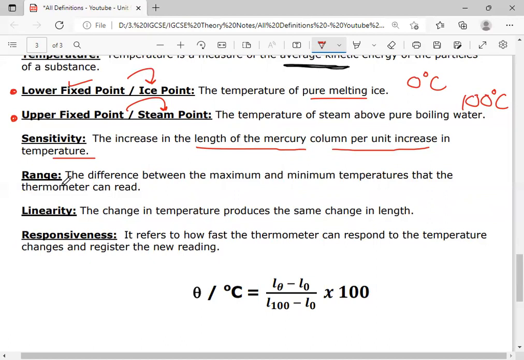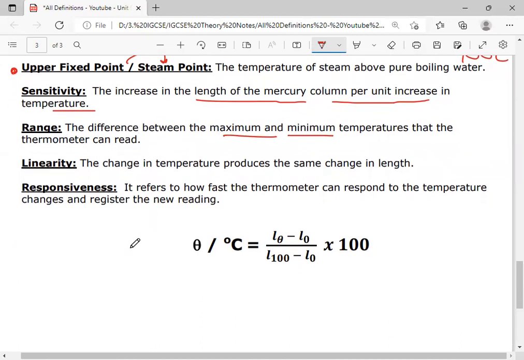Then here comes range. The difference between the maximum and minimum temperature that the thermometer can read is called range. For example, let's suppose values are given like this, minus 10 degrees Celsius and 110 degrees Celsius. Then what will be the range?